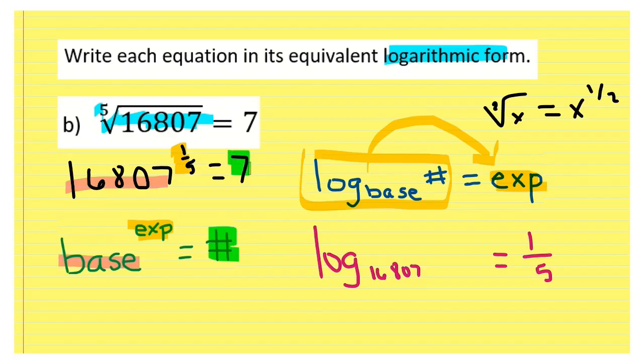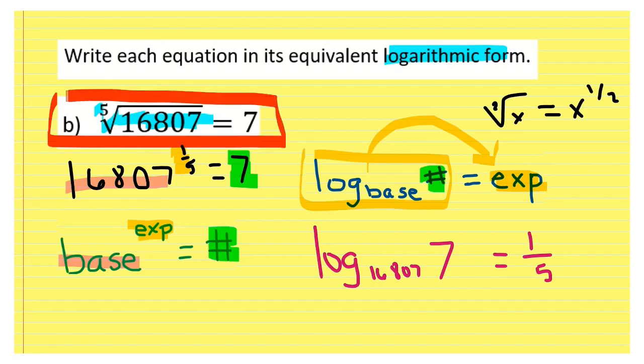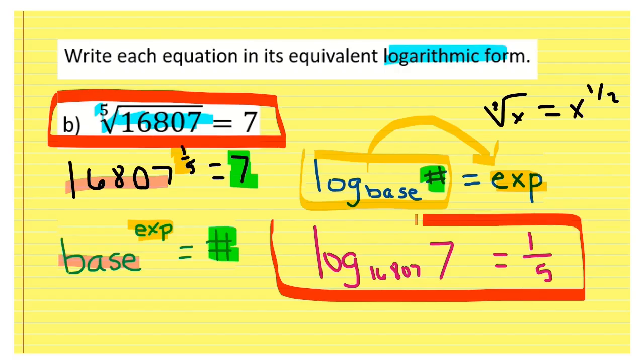This number here that's part of the log in this position is also referred to as the argument of the log. So the argument of this log is 7. So we have now converted our original exponential form to its logarithmic form.